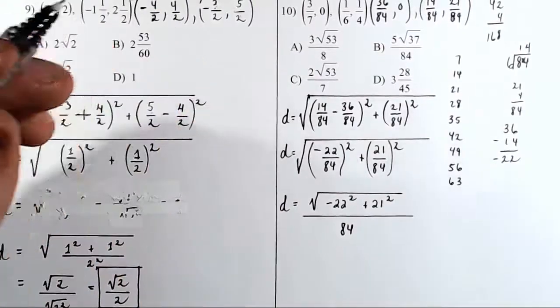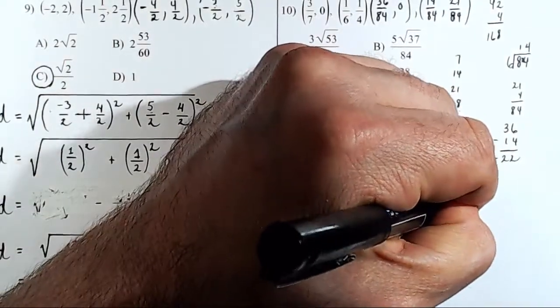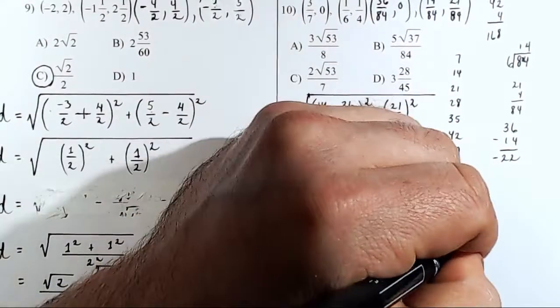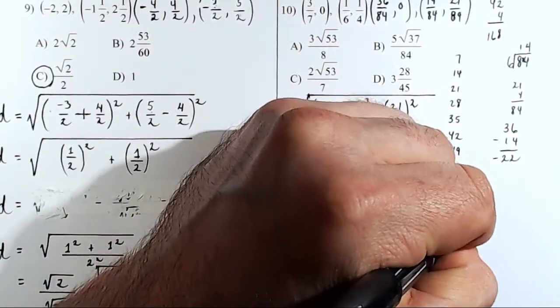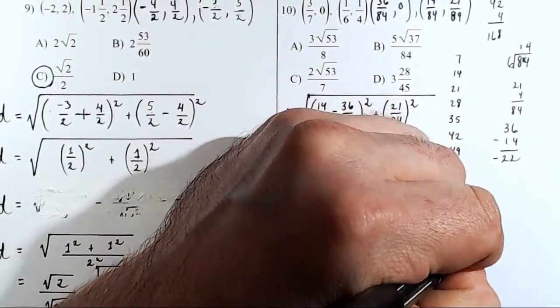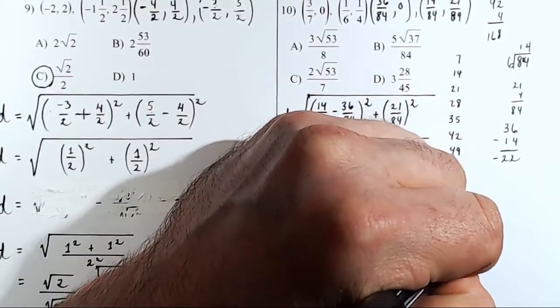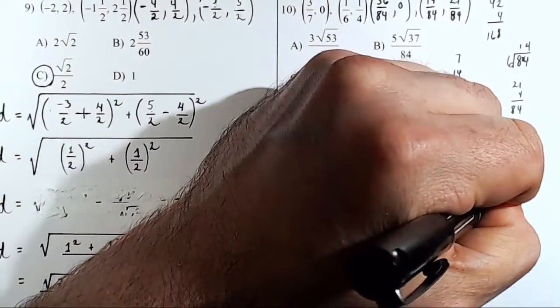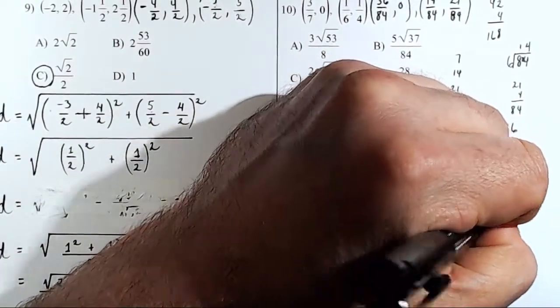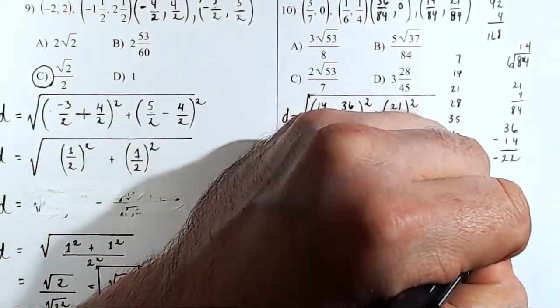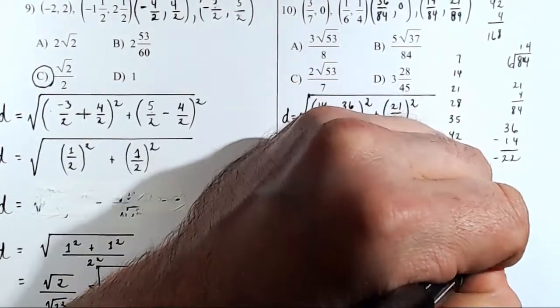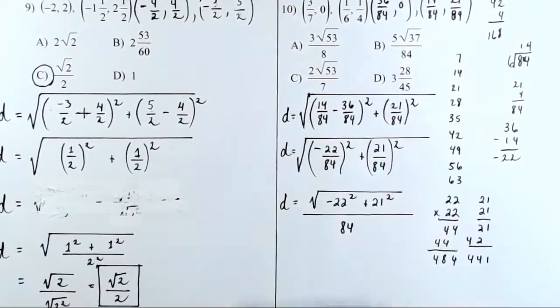All right, so now I got to do 22 times 22. 44, 44, 484, 484, and 21 times 21. That'll be 441.